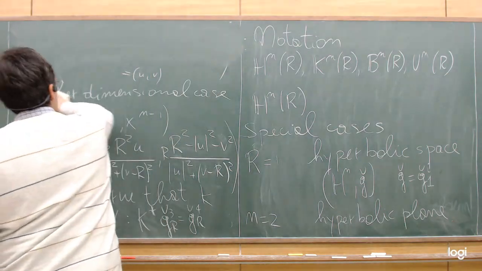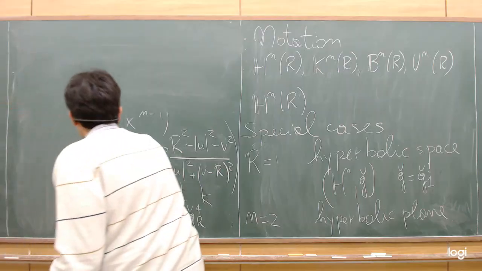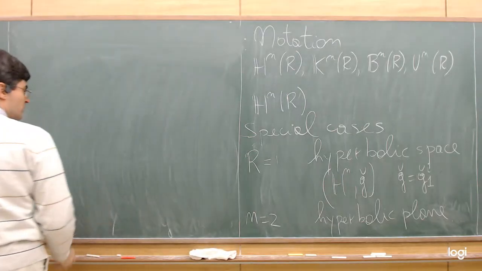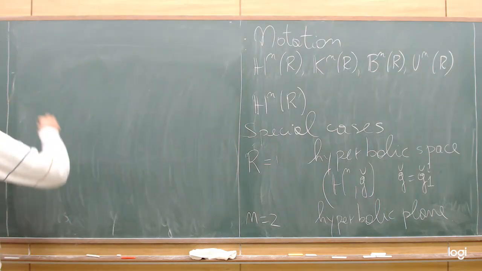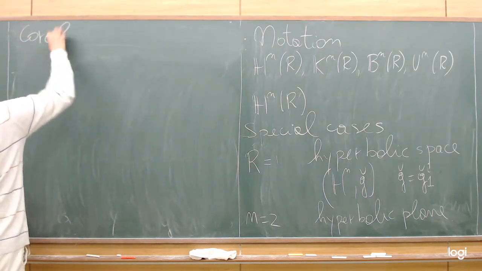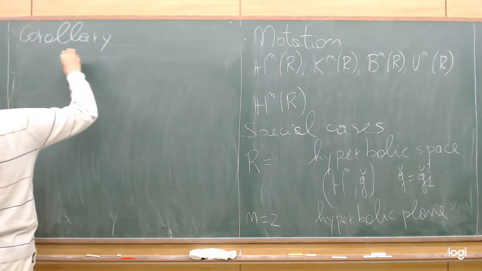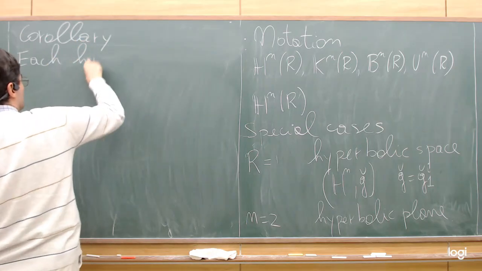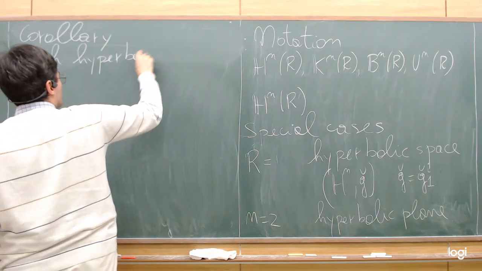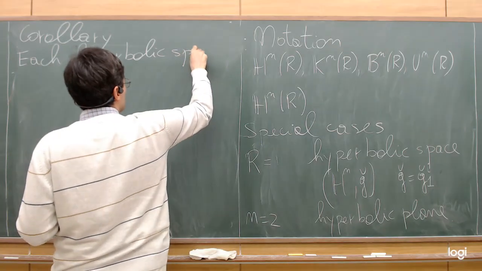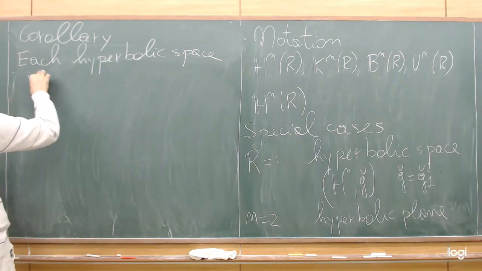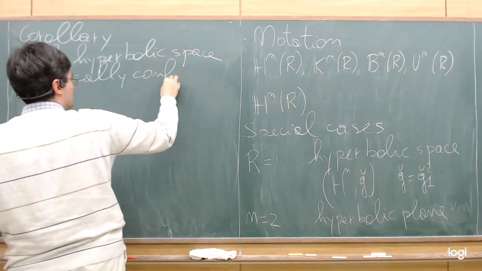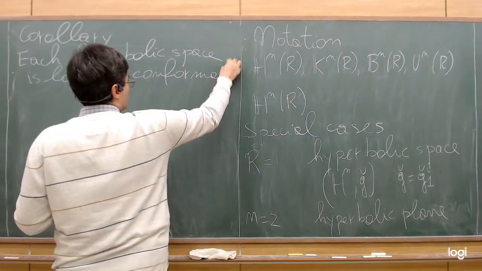An easy consequence of the computations we made is the fact that each hyperbolic space is locally conformally flat.